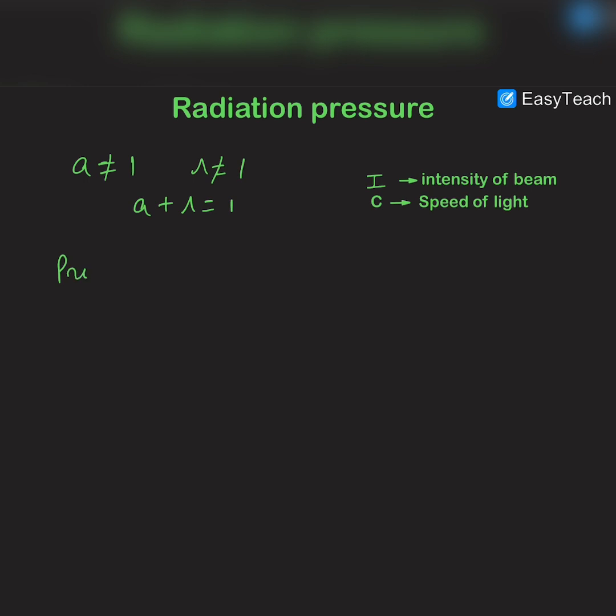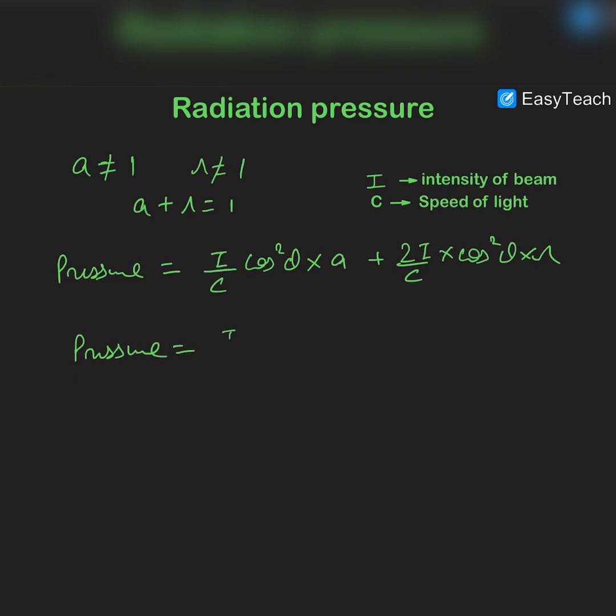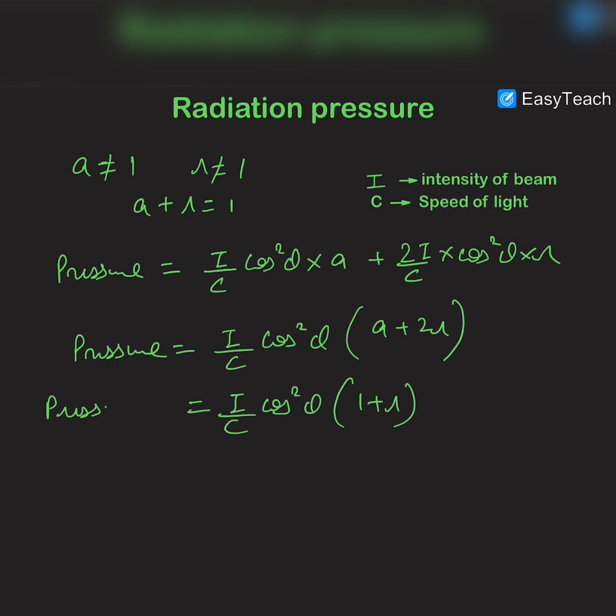So the radiation pressure will be equal to I by C into cos square theta into A plus 2I by C into cos square theta into R, and hence we can take this common, I by C cos square theta, and it would be A plus 2R. So this would be I by C cos square theta, and A plus R is 1, so it would be 1 plus R. So this is the radiation pressure acting in this case.